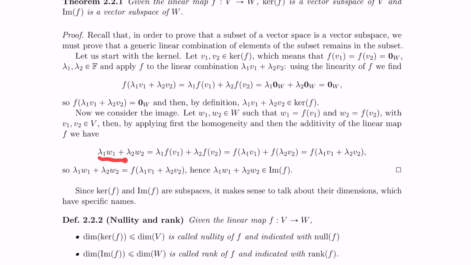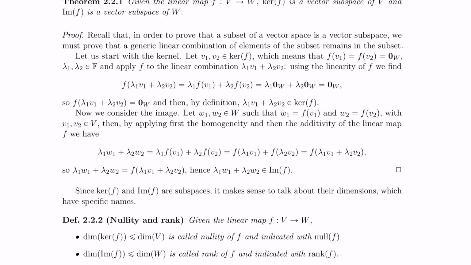Lambda 1 times w1 plus lambda 2 times w2 is equal to lambda 1 times F of v1 plus lambda 2 times F of v2. However, by homogeneity, we can introduce lambda 1 and lambda 2 into these expressions, and then by additivity, we can sum these two expressions, obtaining this one here.